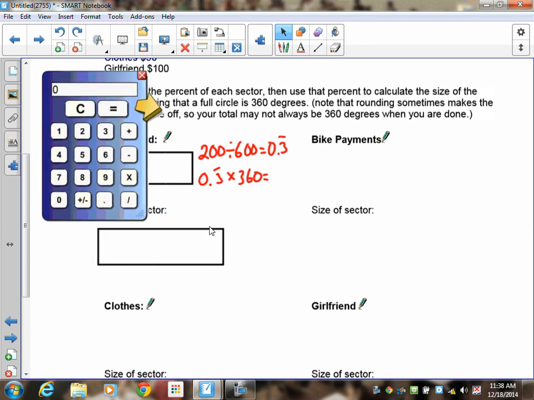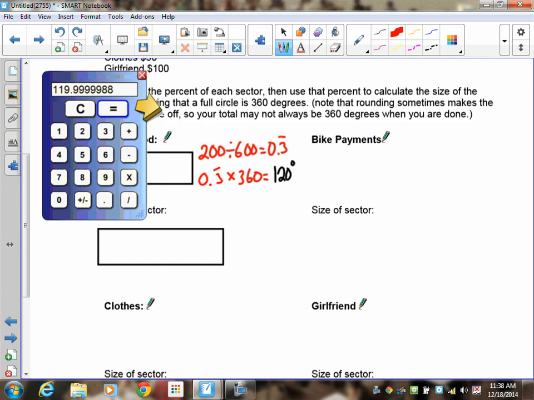I've got 0.33. Now fill your calculator up and multiply that by 360 degrees. That means the angle for his junk food is 119 degrees, and you'll see it's 119.99988. So round it off to 120 degrees. That is what the angle of the sector is going to be for his junk food.